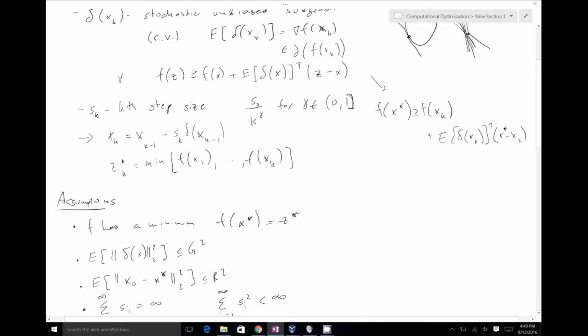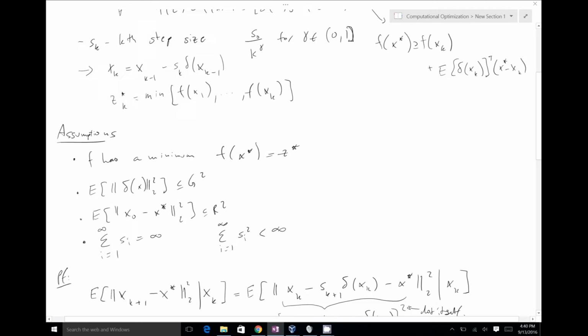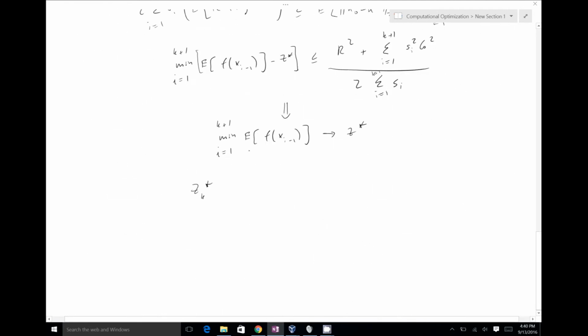Our definition of z_k star is the minimum of the f, right? So z_k star is itself random, right? So basically, we're switching minimum and expectation. That's what Jensen's inequality allows us to do. Here, the minimum is after the expectation, whereas beforehand it was before. So here, the minimum is before the expectation, and here the minimum is after the expectation. So the expectation of z_k star goes to z star. And you can show various other things.